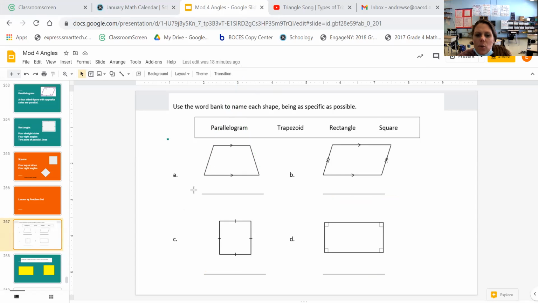Eventually they will. So I know that this last one is what we call a parallelogram. Remember, if you did not spell these correctly, I would technically mark it wrong just because there was a word bank for you. All right, we're going to continue.